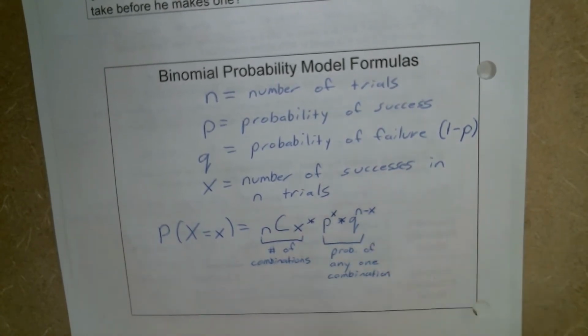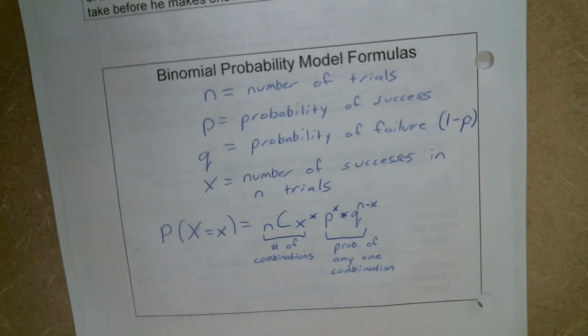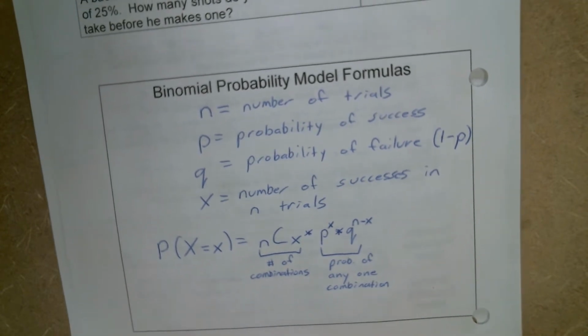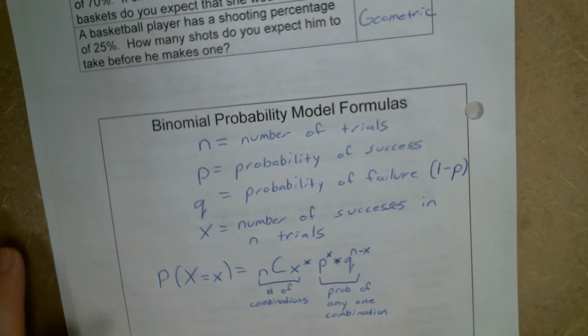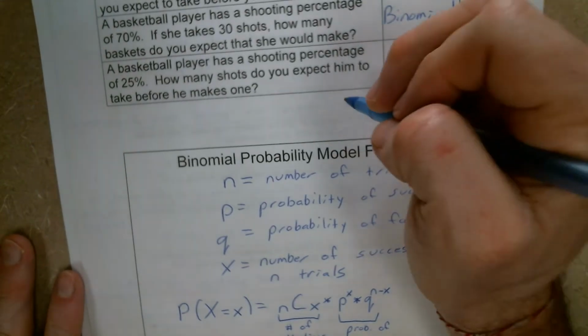So let's think of it this way. Let's say I'm a 30% free throw shooter, and I want to know what's the probability that I'm going to make 2 out of 5.